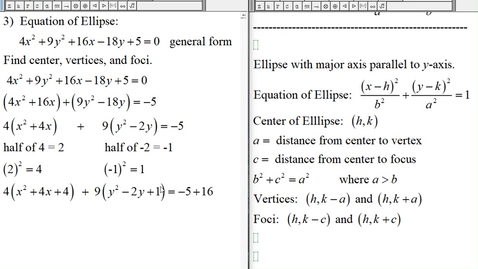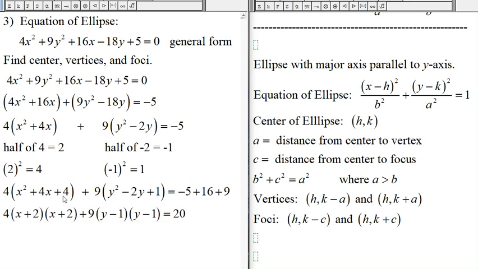And when we inserted the 1 here, we added 9 times 1 to the left side, which is 9. Then we must also add 9 to the right side. And then this becomes x plus 2, x plus 2, and the factors here are y minus 1, y minus 1. And then add all of these together, and we get 20.